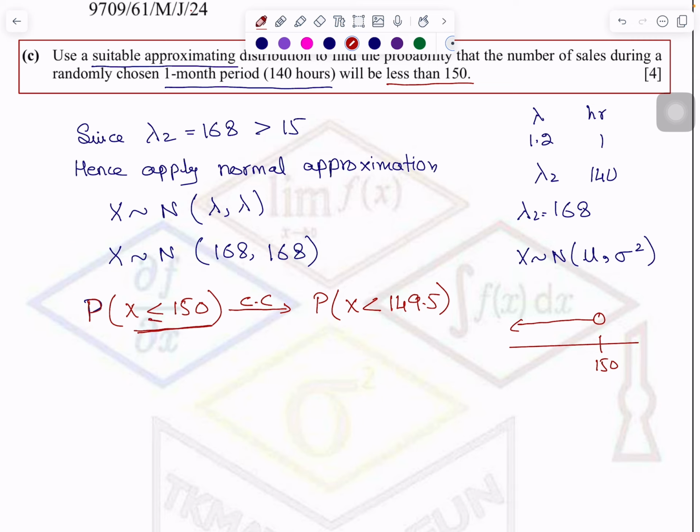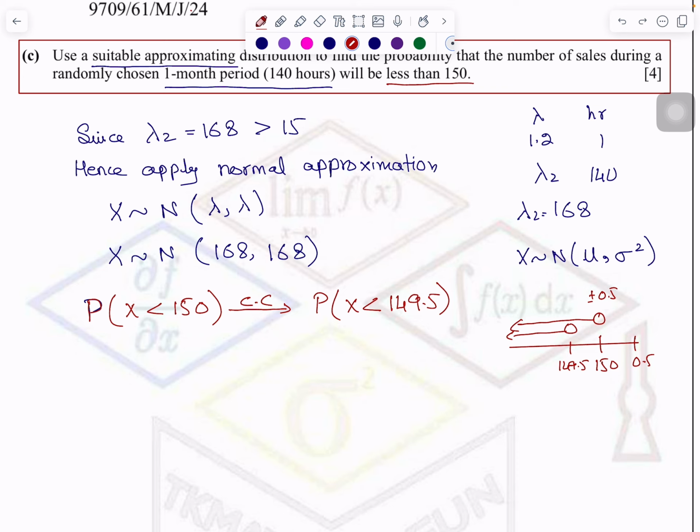Because there is no equal to sign here, you will not include 150 in the calculation. So if you don't want to include it, your calculation should start from here. So it is 149.5, because we always add or subtract 0.5. If I add 0.5 here, then going towards the left will include 150. So that's why we will not do that. Okay.